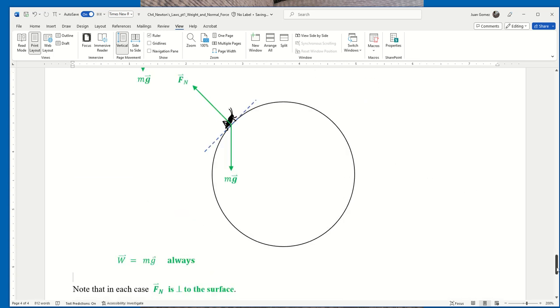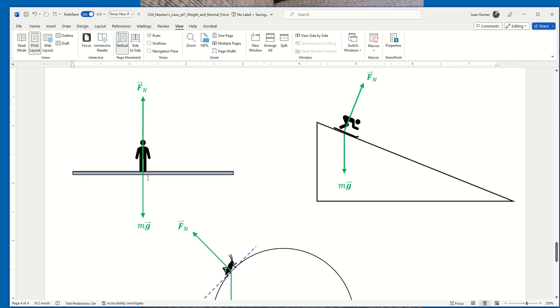If you look closely, this green vector Fn clearly makes a 90-degree angle with this horizontal surface. And of course, mg is the weight of the person.